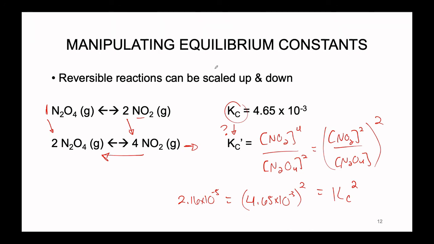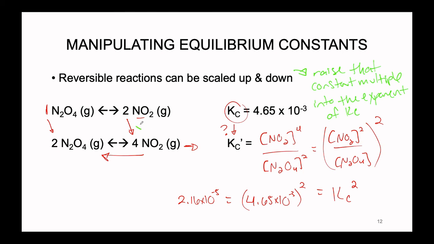And 3, if your reversible reaction is being scaled up or scaled down in some way, you are going to raise Kc to that constant multiple in the exponent, which is exactly also what we saw here.